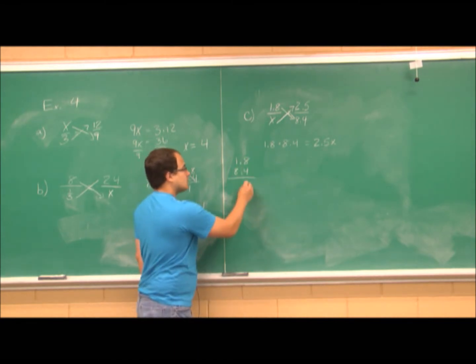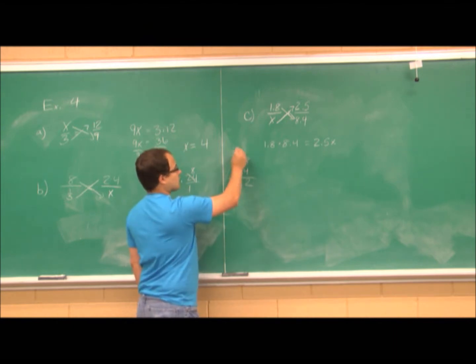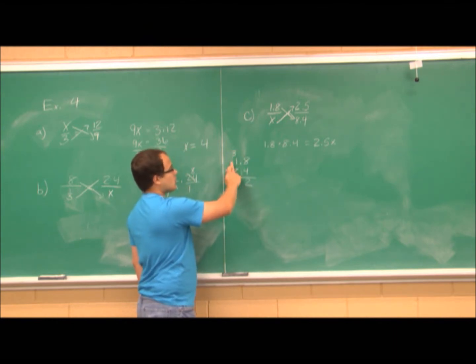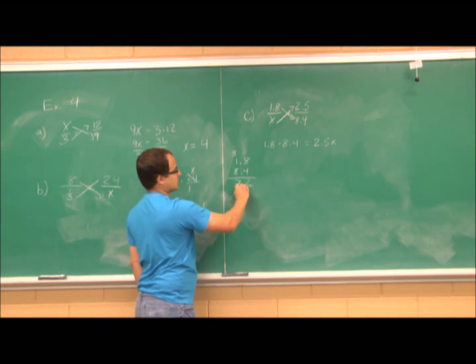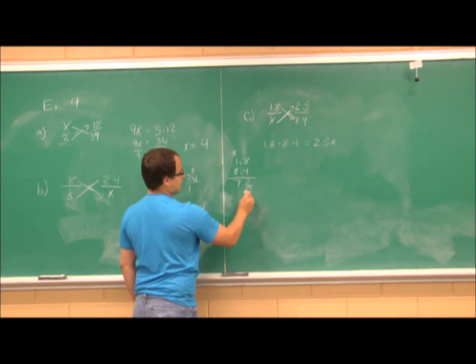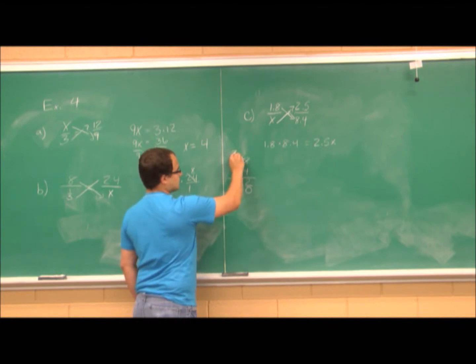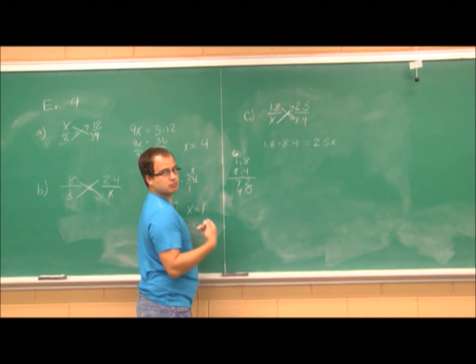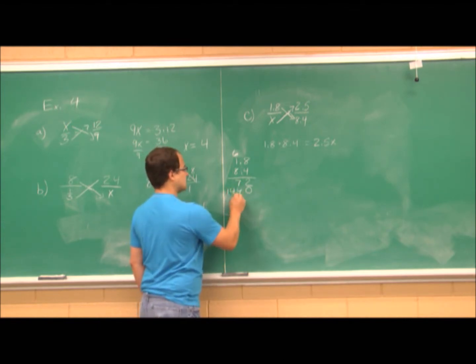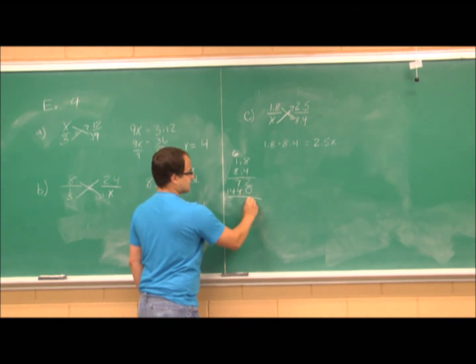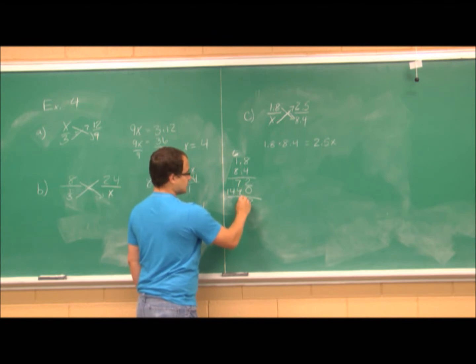4 times 8 is 32. Write down the 2, carry the 3. 4 times 1 is 4, plus 3 is 7. A placeholder 0. 8 times 8 is 64. Carry the 6. 8 times 1 is 8, plus 6 is 14. Add 2 plus 0 is 2. 7 plus 4 is 11.